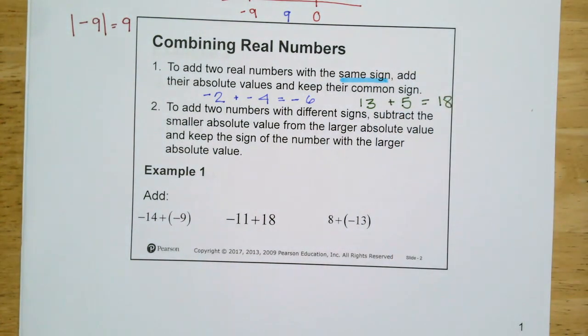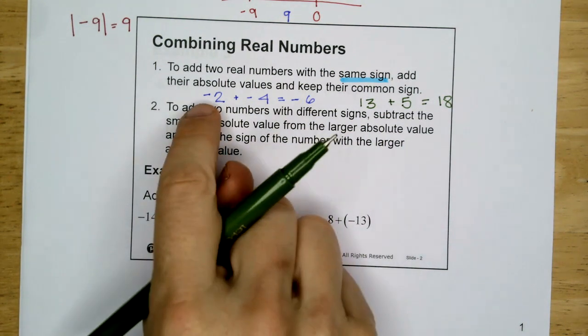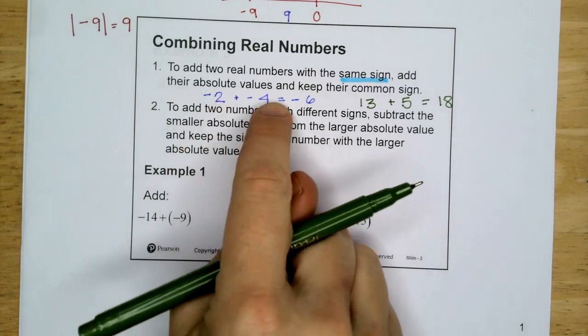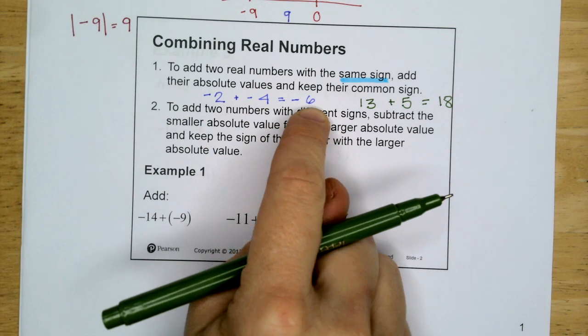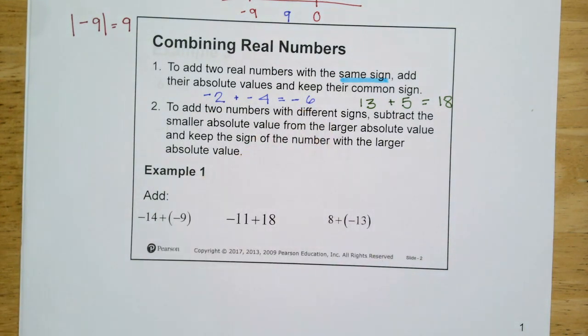The common sign is a positive sign, so you're not going to change it to a -18. Basically, if you have two negatives and you're combining them, you can just add them and keep the answer negative.